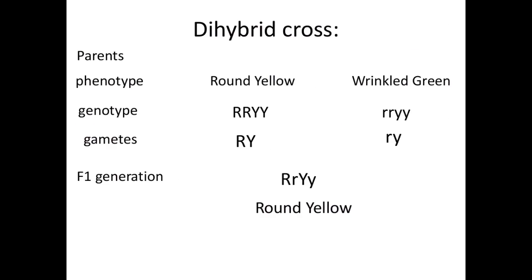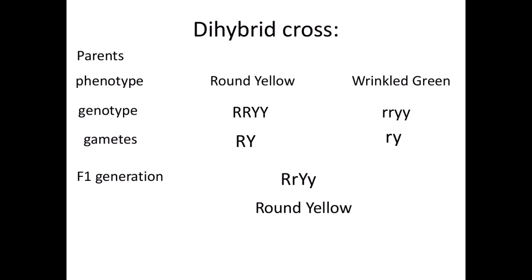See the example of dihybrid cross. In this, round yellow seed of pea plant is crossed with the wrinkled green seed of the pea plant. Genotype of round yellow is capital RR YY, and wrinkled green is small rr yy.